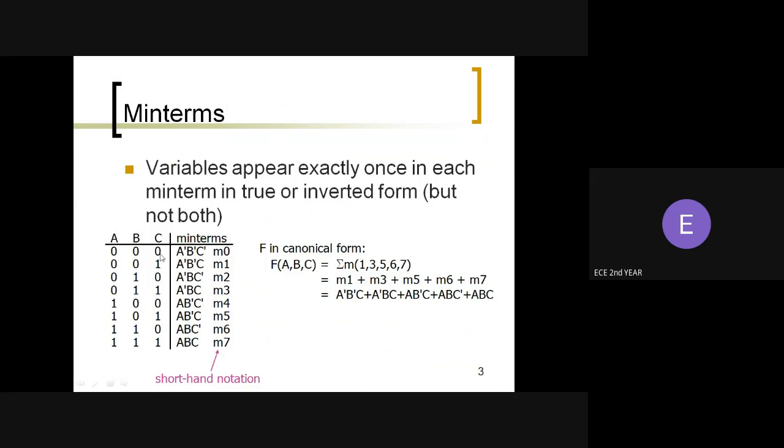It starts with 0 here, and goes m1, m2, m3, and up to m7, right? So this is called shorthand notation. By using these numbers we can identify which terms will have the output as high. In this case we have 1, 3, 5, 6, 7, and for all these five terms we will have high output, and for the remaining terms we put zeros.